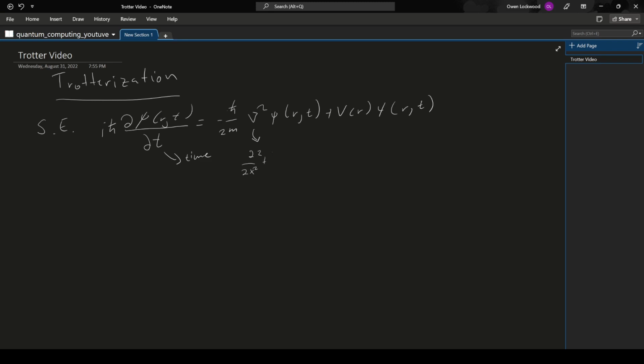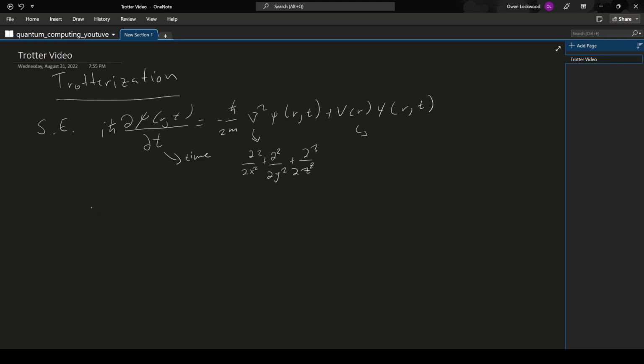Oh, that's a terrible partial derivative. You can see it's going to take me a little bit to get better with it. I'm not quite good at lining these up. That's in the 3D coordinates. And this is our potential energy. This is the kinetic energy term. But anyway, that's not important.